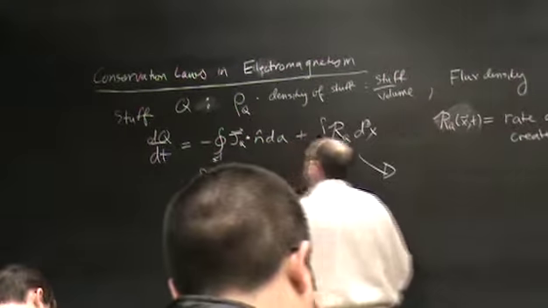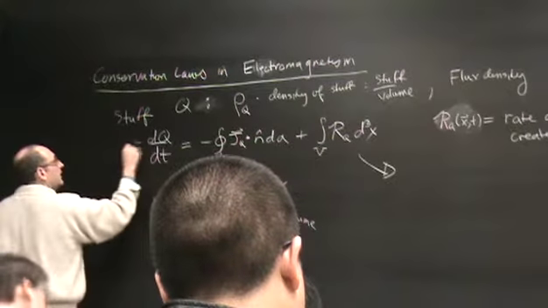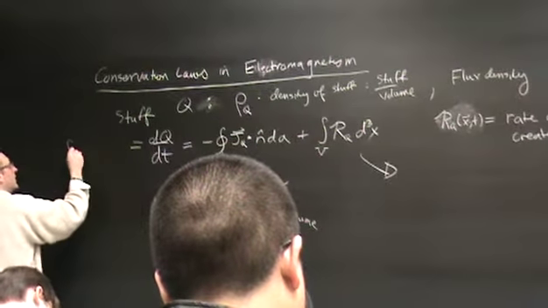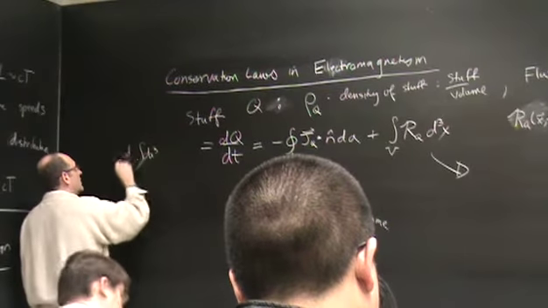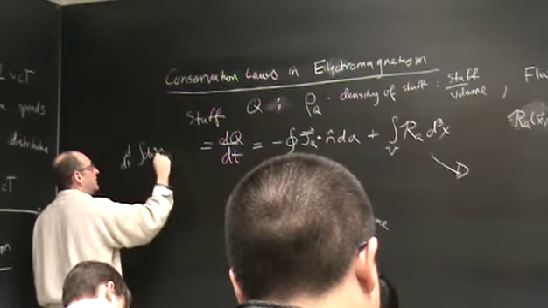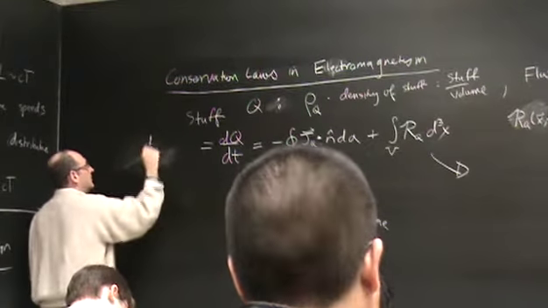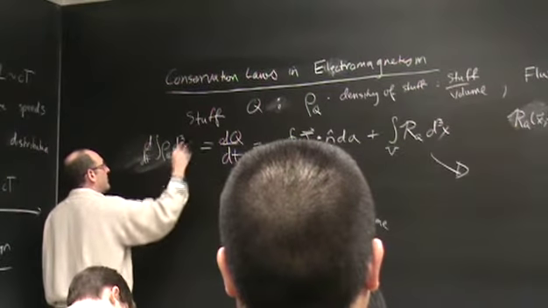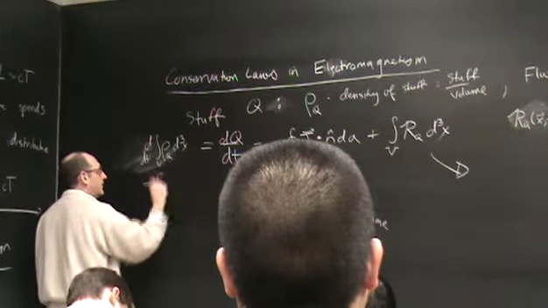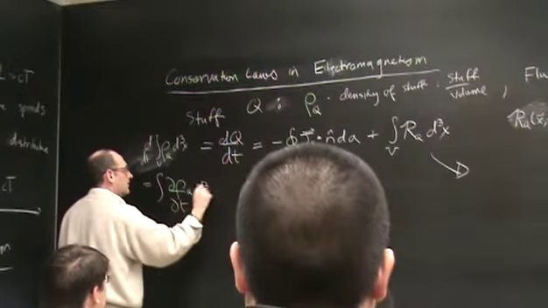So let's, first of all, write this equation in a, this is the global form, so to speak. Within this volume, we want to look at the local form. So we write this as the rate of change of the density of stuff. And if the volume is fixed, then that's equal to the partial of that.